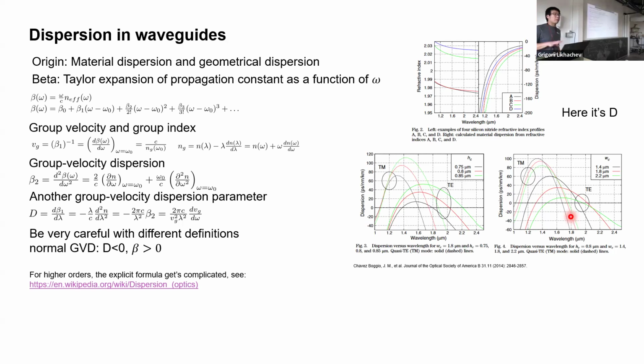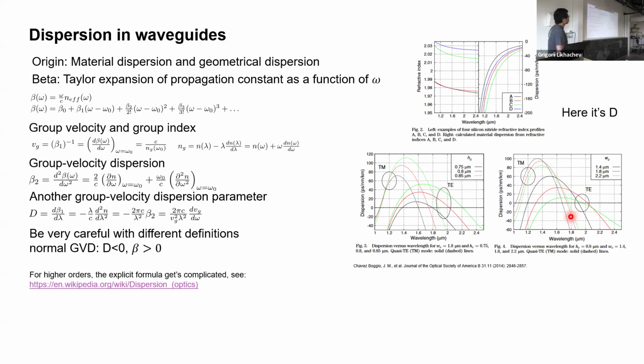When these materials are fabricated into a waveguide, you have additional control over the dispersion of the guided wave. So you have not only the material dispersion but also a geometrical dispersion.